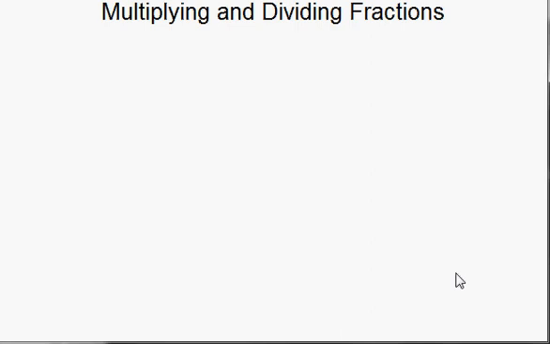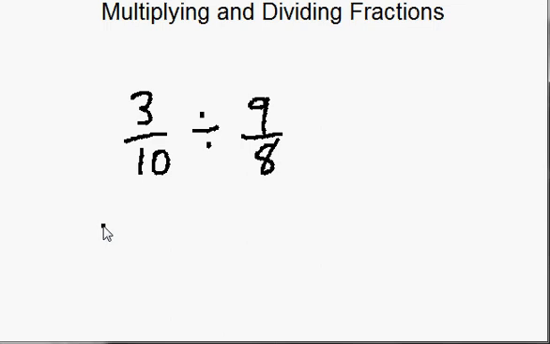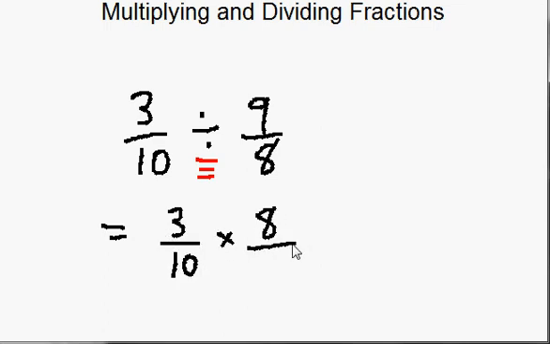Okay, let's just do one more. Suppose we have 3/10, and we're dividing by 9/8. Again, dividing by a fraction is the same as multiplying by the reciprocal of the fraction. So we have 3/10 multiplied by 8/9.